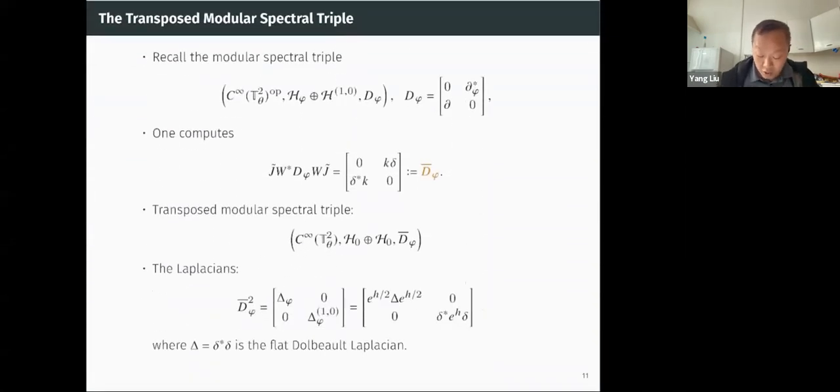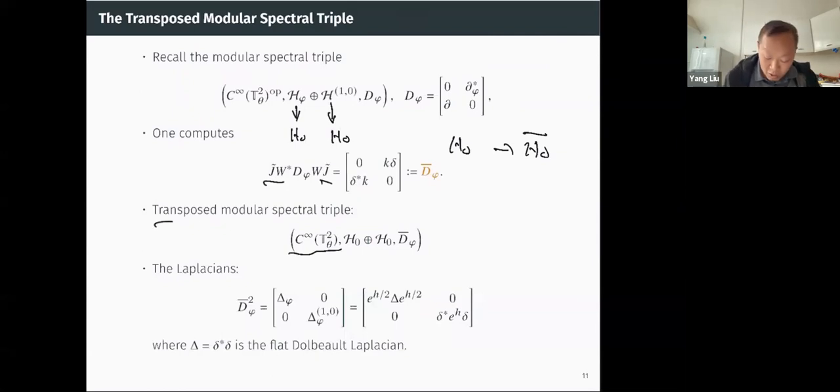Then one has to do some straightforward computation. This W helps to change the Hilbert space from H_phi to H_0. After all, this will all change to H0, and then this J changes from H0 to the dual of H0, so that we are looking at the left action.